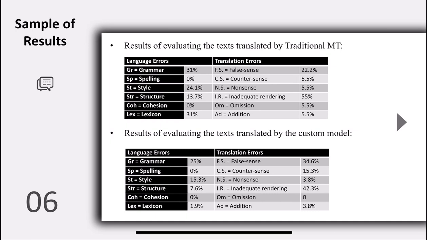For example, grammar, when using traditional translation tools like dictionaries, grammar errors were 31%, compared to using the custom tool that I've presented, the errors went down to 25%. And for style, the style errors were 24%, and then after using the tool, it's 15%. So these results show a really positive intervention from the tool.